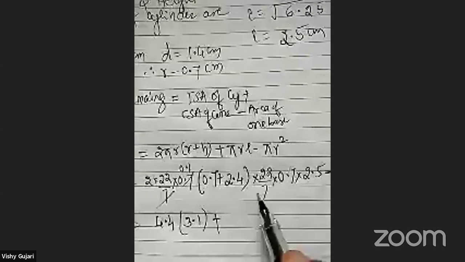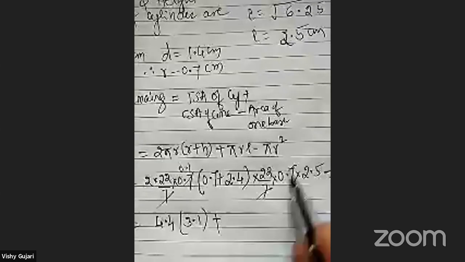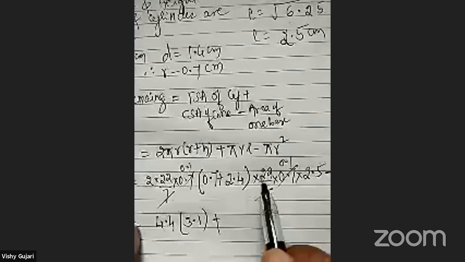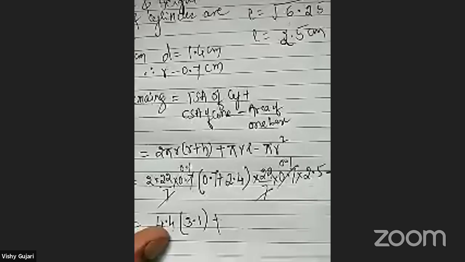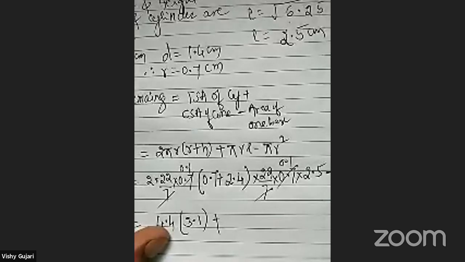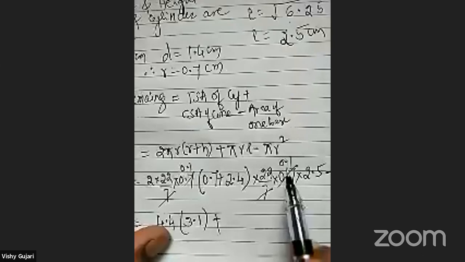22 into 25, how much? Multiplication, 550.